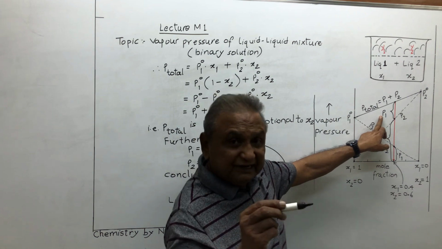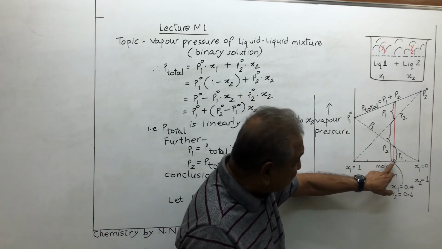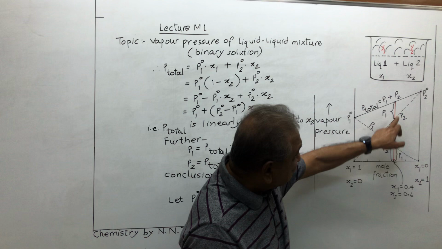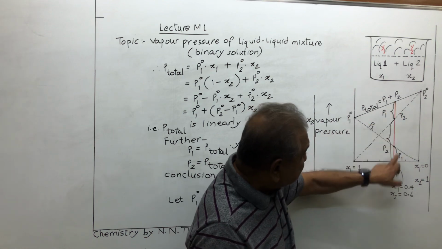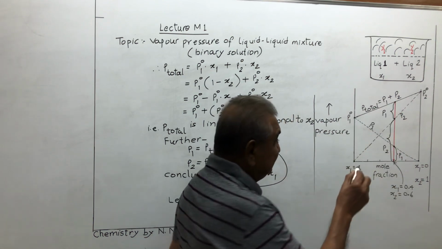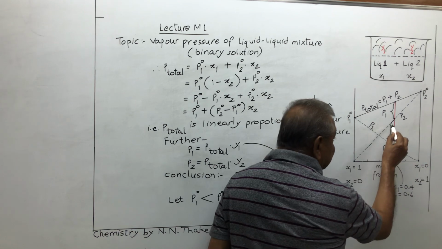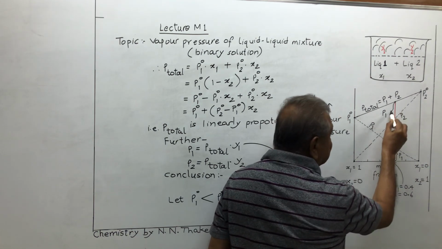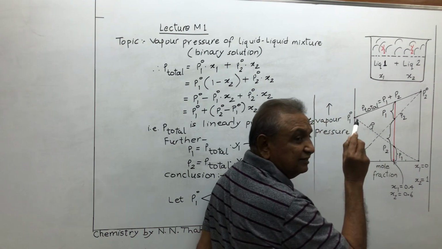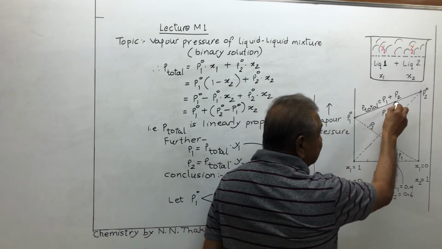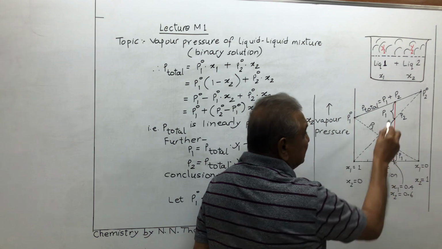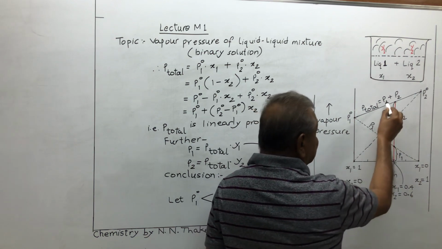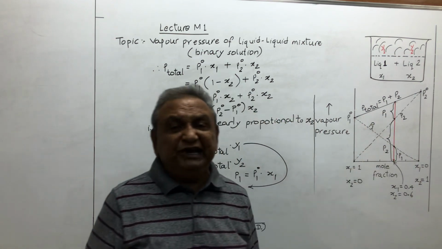Now finally, look here, starting from this point up to this point, this value here to here is P2 and here to here it is P1. So at this point, the total value is P1 plus P2, and P1 plus P2 is P total.